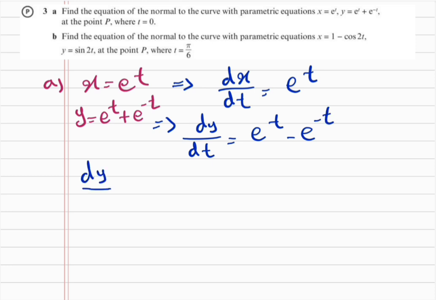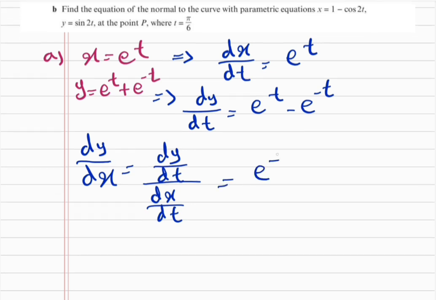So now we can find dy/dx. dy/dx is equal to dy/dt divided by dx/dt, and this gives us e to the t minus e to the minus t, divided by e to the t.